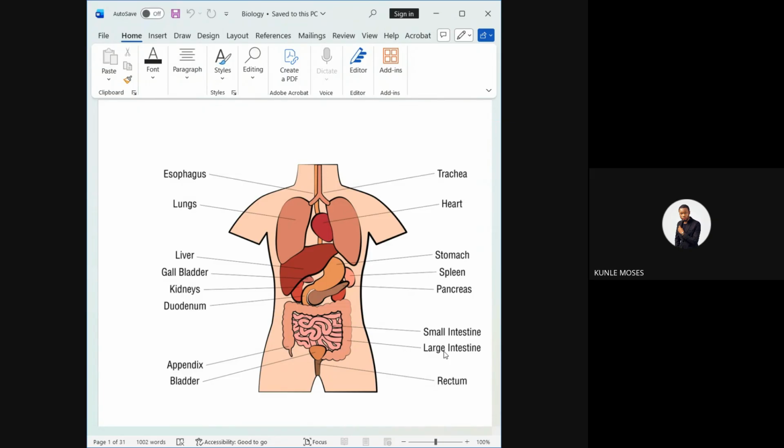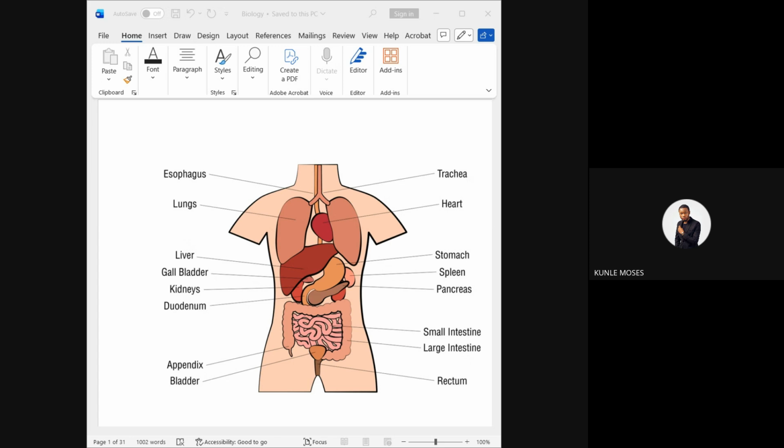I believe we should not dwell too much on this. It's very easy. Just use your own structure. At least you know where your trachea, your esophagus, your lungs are. You know everything. All these structures here are internal structures of mammals, so it's something you should actually know.